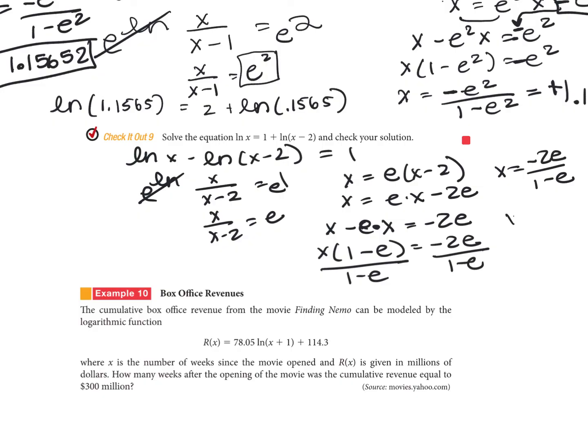And that's going to be x equals 3.16395.